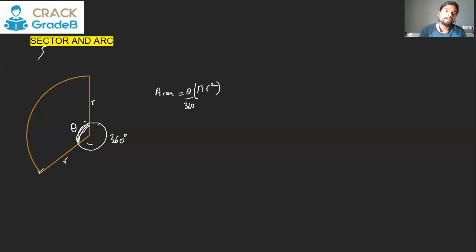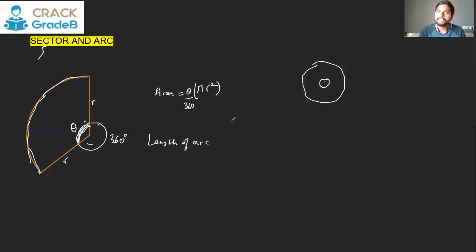Arc is an open figure. Open figure means just this curvy part is called as the arc. If that arc makes angle theta with the center, you can calculate the length of arc. The entire circle makes 360 degrees with the center, and that is why the length of the entire circle is 2 pi r.